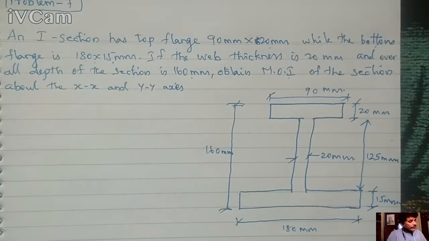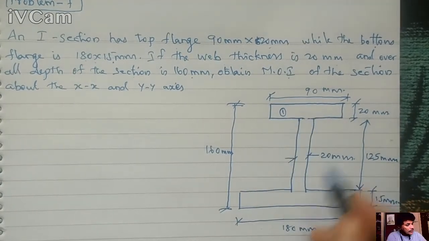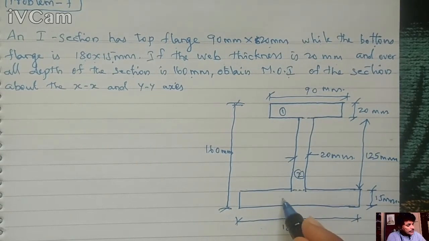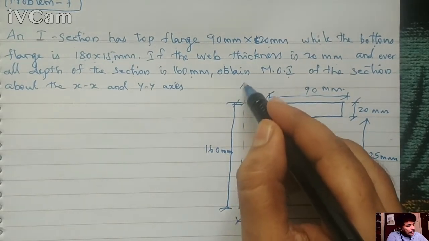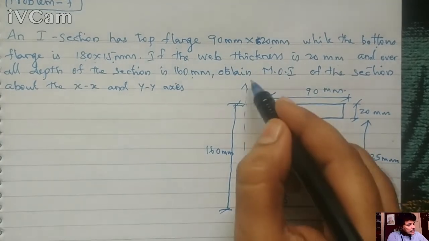Now I am dividing this section into three parts. This is section 1, this is section 2 and this is section 3. As usual, you can calculate the x bar and y bar values. This is the x axis, this is the y axis.